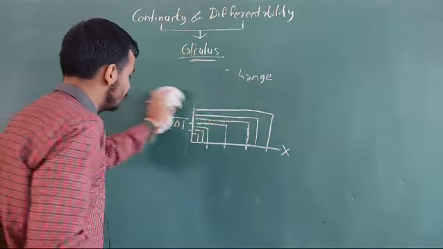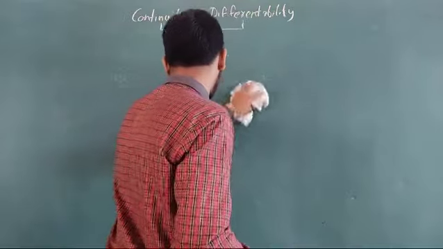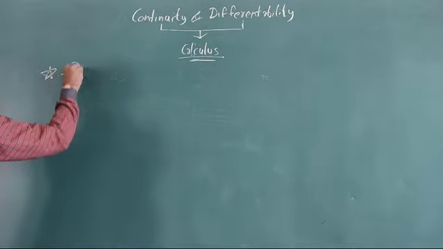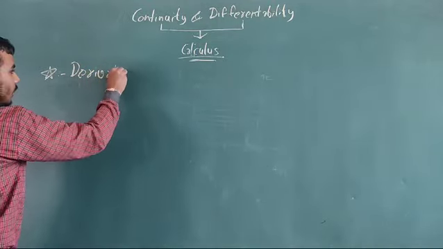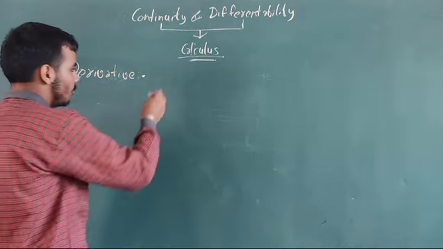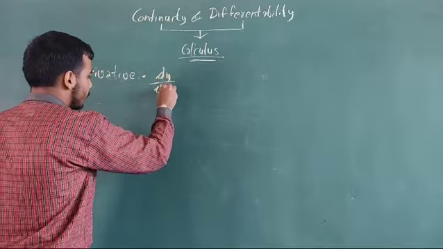And if we talk about derivative, meaning differentiability, the second name of differentiability is differentiation or derivative. The notation of derivative in the context of math is dy upon dx.